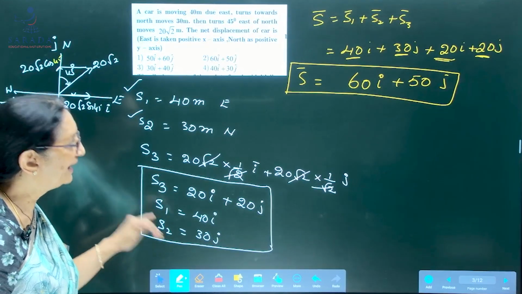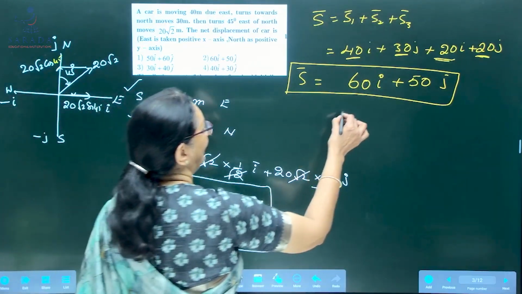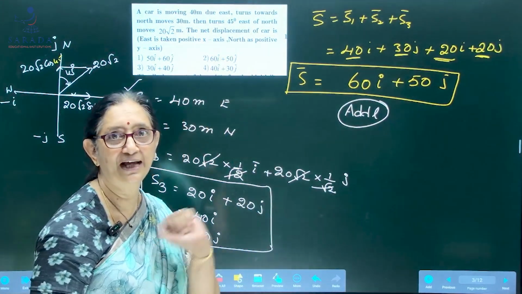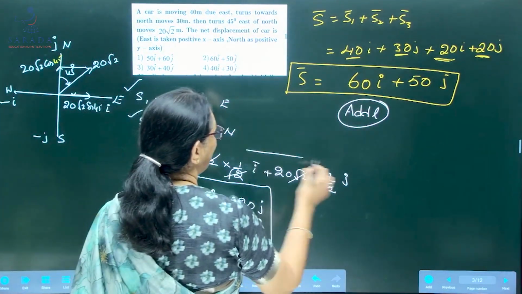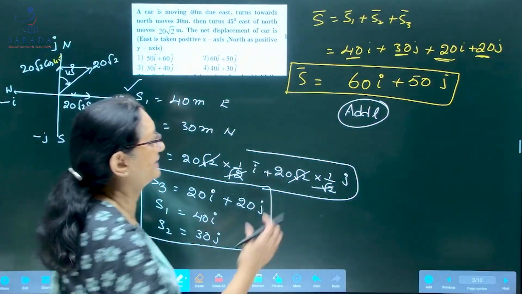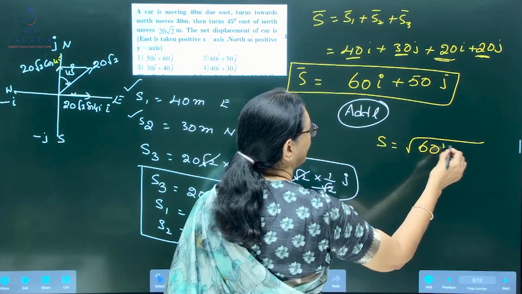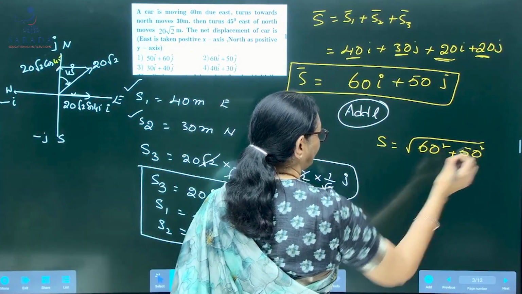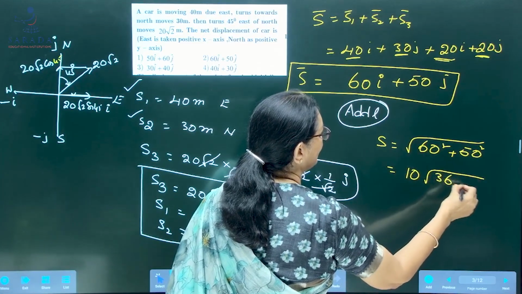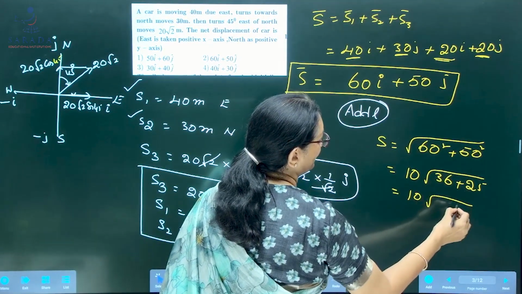Right? We are going to learn a bit more in this problem. Actually, this part is not asked. I am telling you as an additional point. See here, in this problem, if you are asked to find the magnitude and direction of the net displacement, the magnitude becomes root of 60 square plus 50 square, that is 10 times root of 6 square plus 5 square, 36 plus 25.